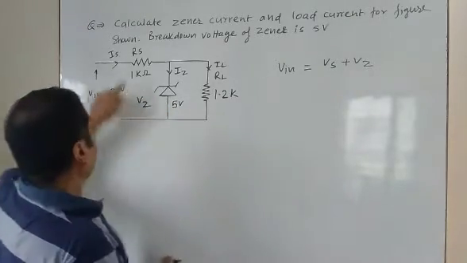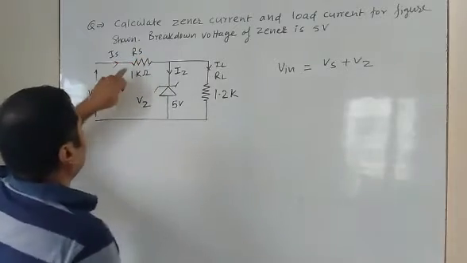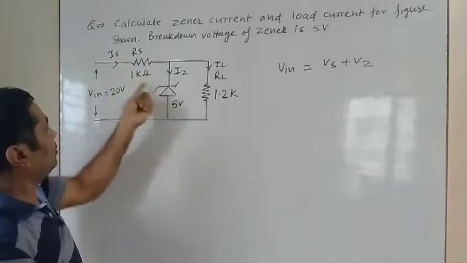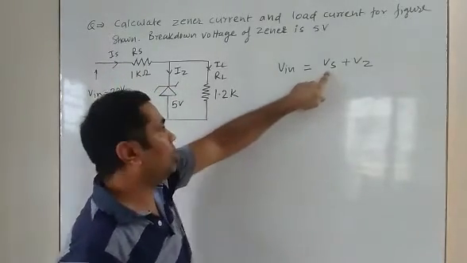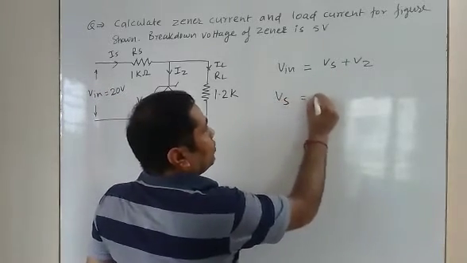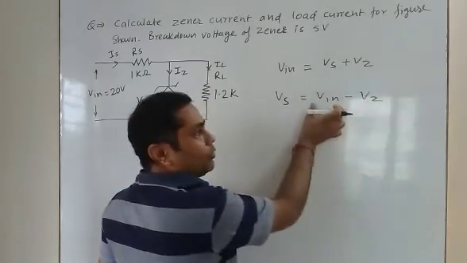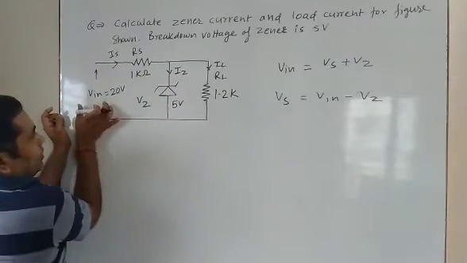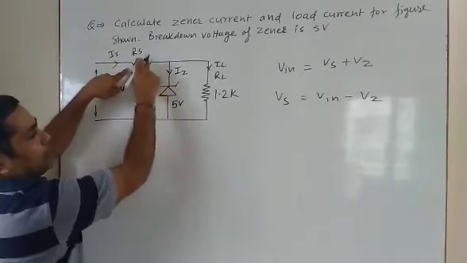Second formula: if we are going to calculate the current through the resistance Rs, then we have to apply Ohm's law. For applying Ohm's law, we have to know the voltage, and this voltage can be calculated as follows. The voltage across the resistor is Vs, which is Vs equal to Vin minus Vz, that means the input voltage minus the Zener voltage. This resistor is connected between these two voltages, so if you subtract these two voltages, we get the voltage across the resistor.